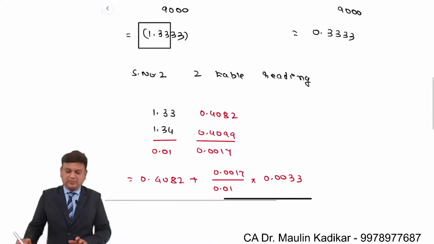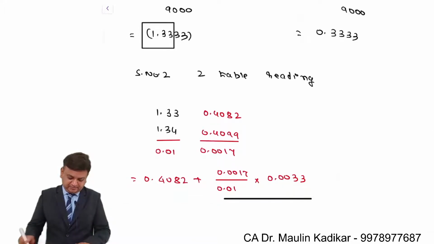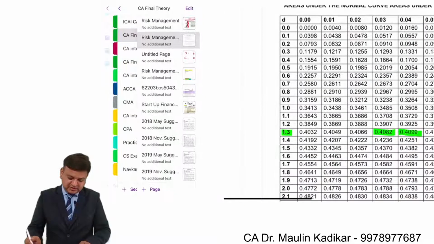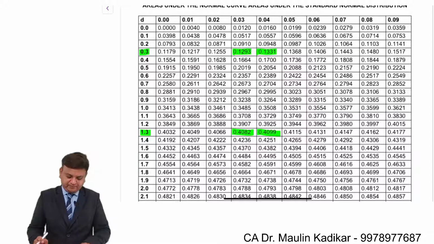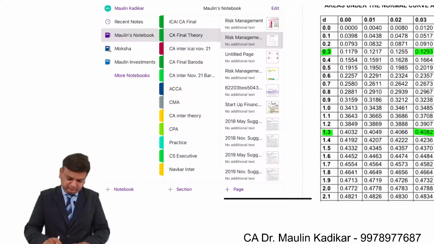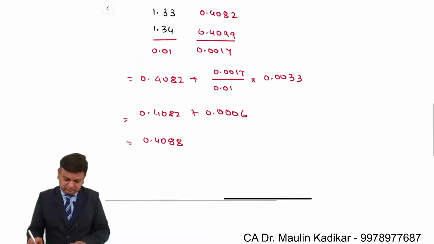Next, 0.3333. So once again over here, 0.33 and 0.34. So 0.1293 and 0.1331.